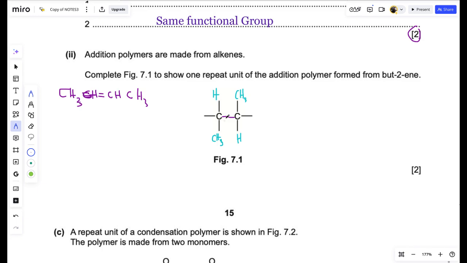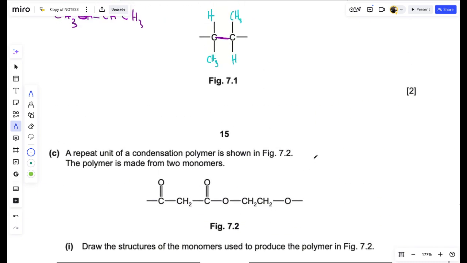To still show that it's butene, we use a CH3 on this end and one on this end, and you draw this single bond to show that it's now a polymer. They just want one single unit of it. You don't have to repeat. If we want to repeat, we'll do C to C again, H, CH3 on the other end. This will continuously repeat itself. But they just want one single unit.